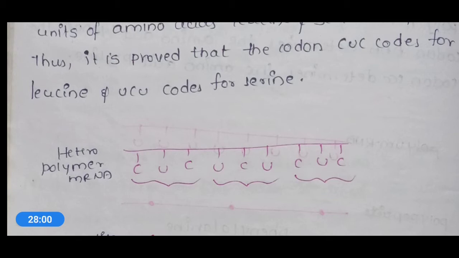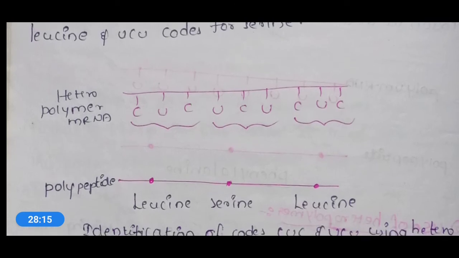Here CUC will code for leucine, UCU will code for serine, and CUC will code for leucine again. So by this heteropolymer experiment, we got to know the triplet codons of leucine and serine.